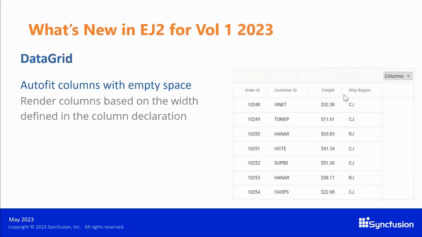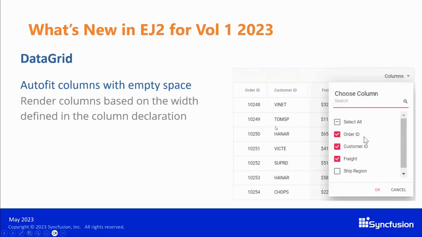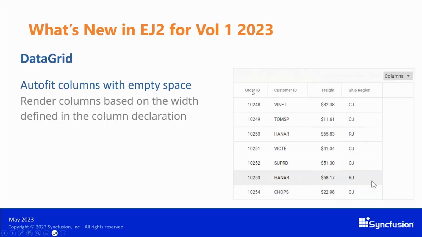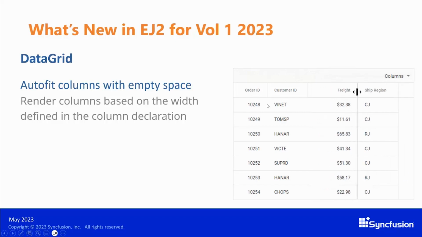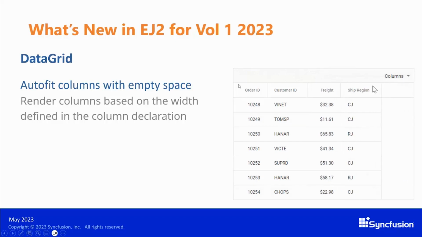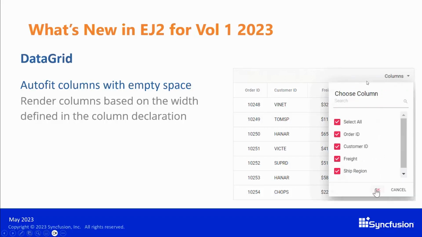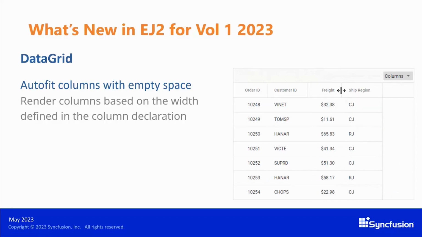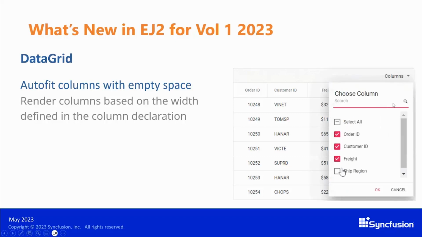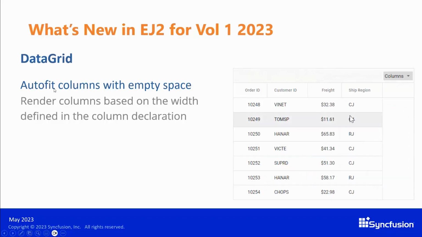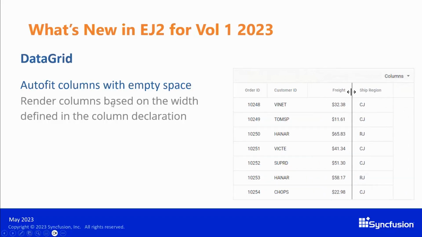So say for example, if your grid width is 1000 pixels and you have 5 columns, and if you provide 100 pixels for each of those 5 columns, the grid will be rendered only for the overall sum of 500 pixels. So the columns will get rendered for 500 pixels, and the rest of the space will be left as empty space like this. So that is all about this auto fit columns with empty space feature.